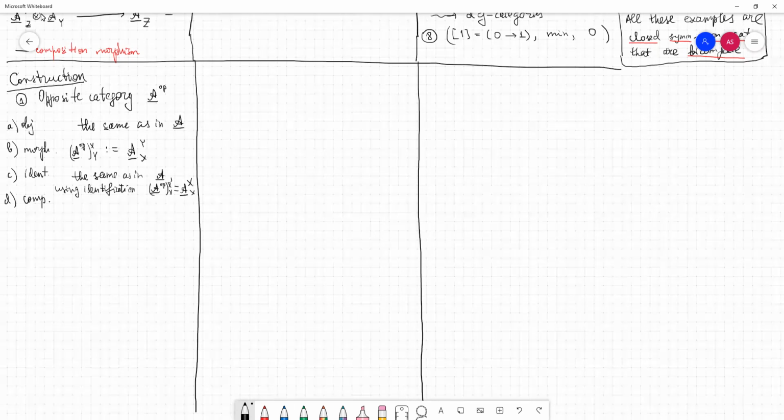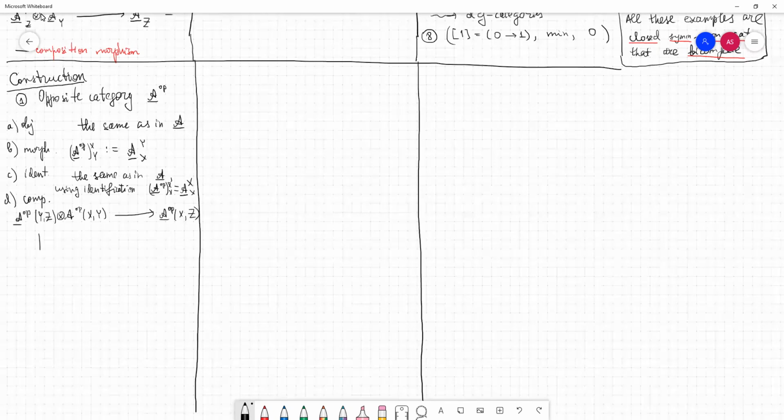Well, with composition, it's not tricky, but I would say hairy. So A op from Y to Z cross A op from X to Y should go to A op from X to Z.